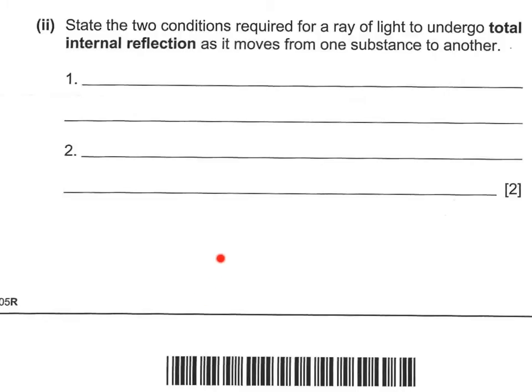Secondly, you remember that as the light goes out, it's refracted. As you go up to steeper angles, it's refracted more. As you go to the critical angle, it's refracted along the edge like that. Anything beyond the critical angle gets totally reflected. So you've got two things. The light has to be trying to leave from glass to air, and it has to be at an angle of incidence with the surface that's greater than the critical angle. Those are your two facts.